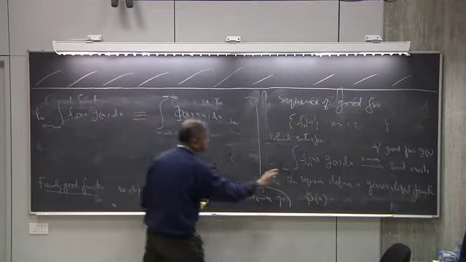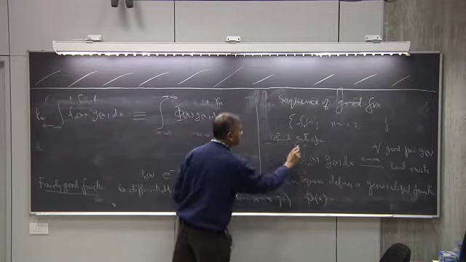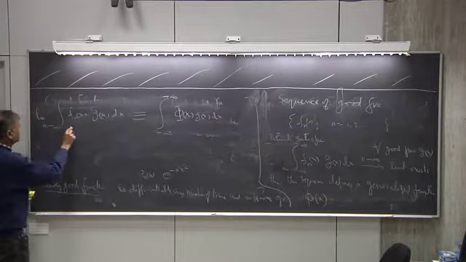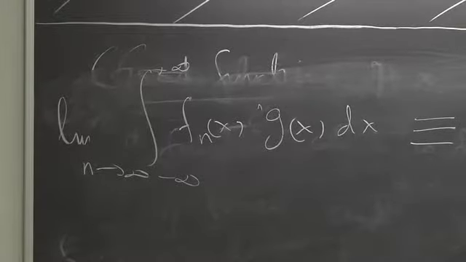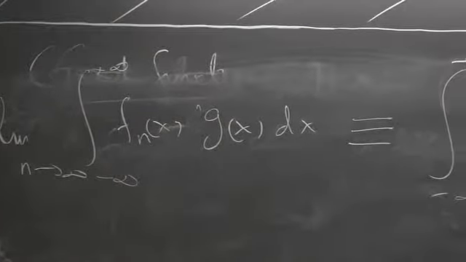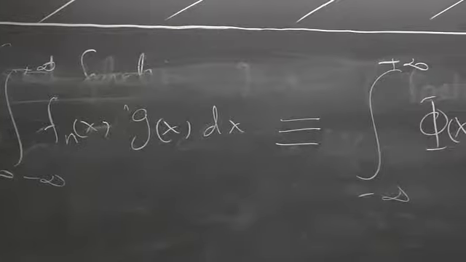I mean, all these integrals are over the whole real line. So that's a definition. This is the way you're defining the generalized function. Generalized functions are defined via integrals, via their properties under integration. That is how you define the generalized function.